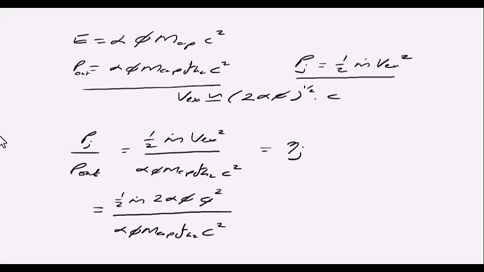And we can see that the c squared terms cancel, and the 1/2 and 2 cancel, alphas go, phi's go, and we're left with m dot divided by m_cap f_Hz, but of course m dot is just m_cap f_Hz, so they cancel as well.